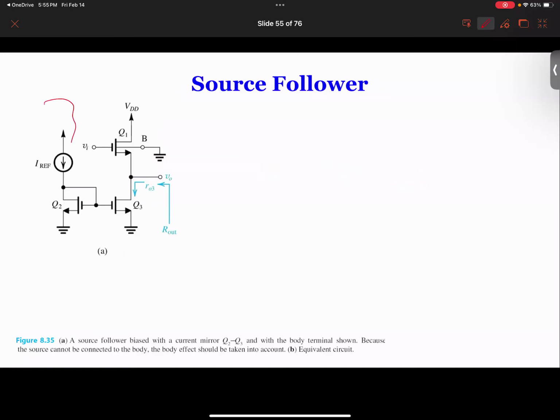This part here is a current source, so like previously, remember, we have output impedance, so we can replace that with simply RO3.